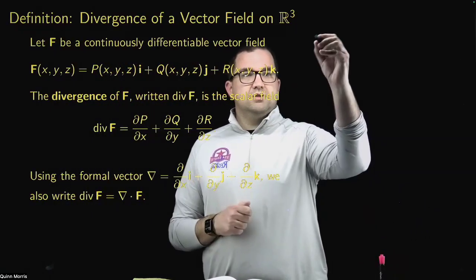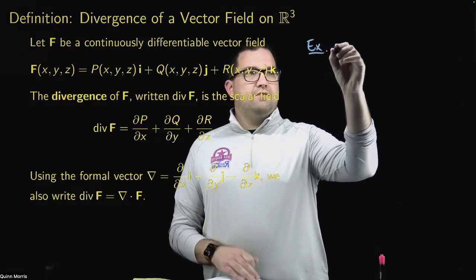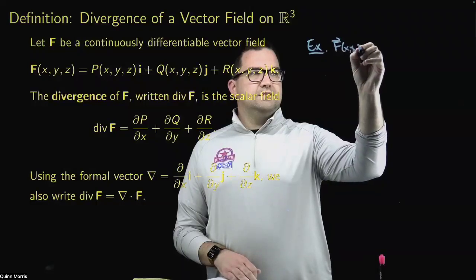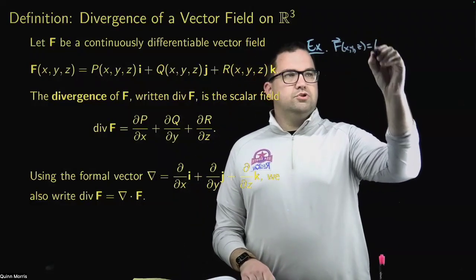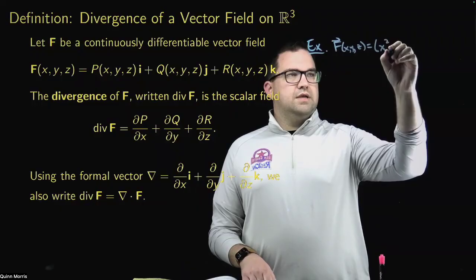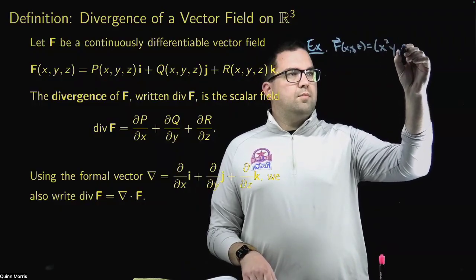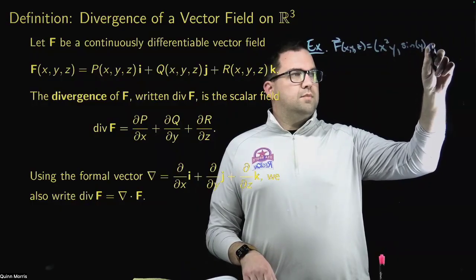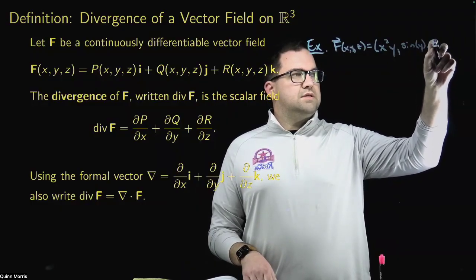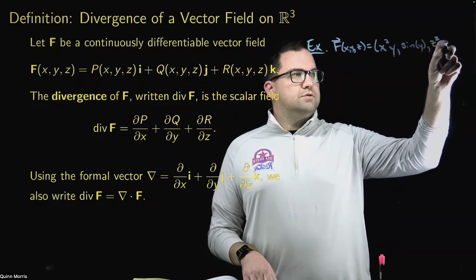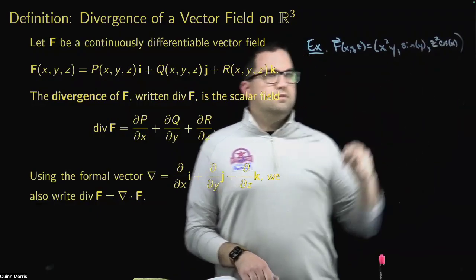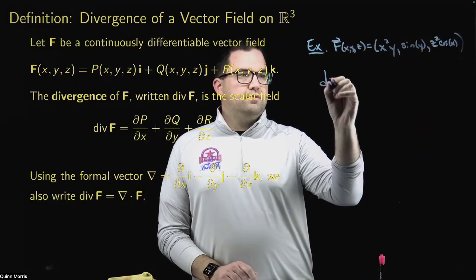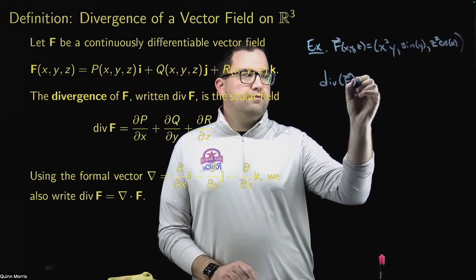So just as a quick example, if I gave you the vector field F of x, y, z and told you it was x squared y, comma, sine of y, comma, let's say z squared cosine of x. And so here's a vector field defined on R3.